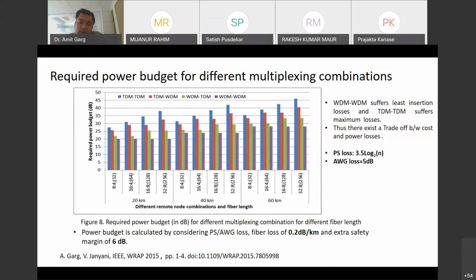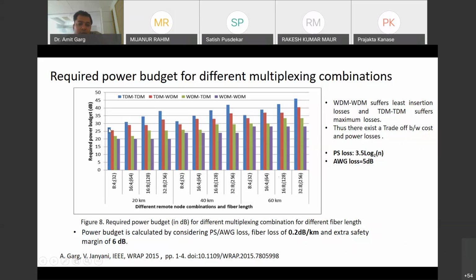The network conditions are again considered as M,N as 8,4, 16,4, 16,8, 32,8, and we have considered different fiber lengths, that is 20 kilometer, 40 kilometer, and 60 kilometer. So if I calculate the insertion loss, for power splitter it is considered as 3.5 log of 2n, and for AWG, it is considered as 5 dB.